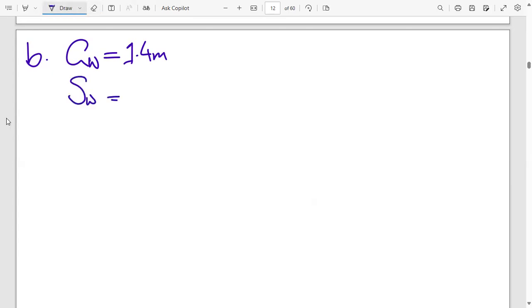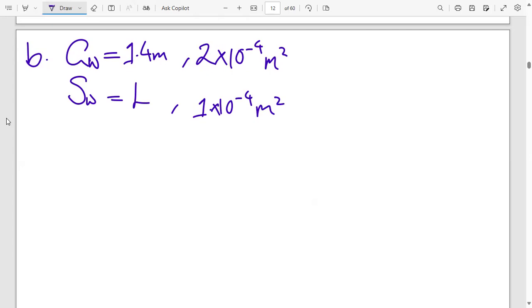It is fused to the end of a steel wire which has length L. The cross-sectional area, they've given us for both wires: the one for the copper wire is 2 times 10 to the power minus 4 square meters, whilst the one for the steel wire is 1 times 10 to the power minus 4 square meters like that.